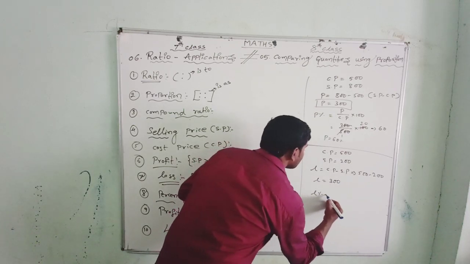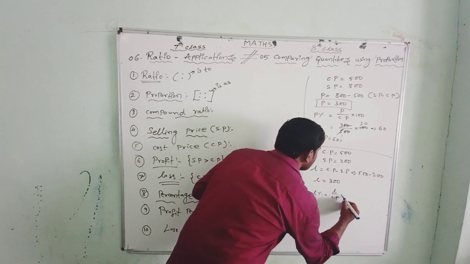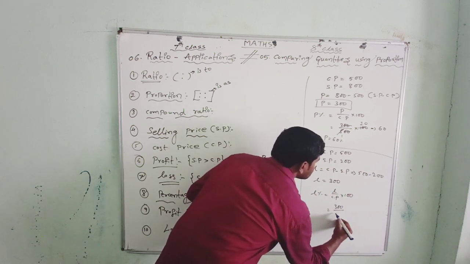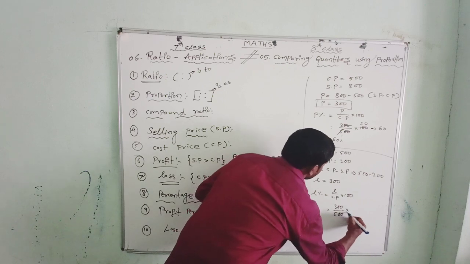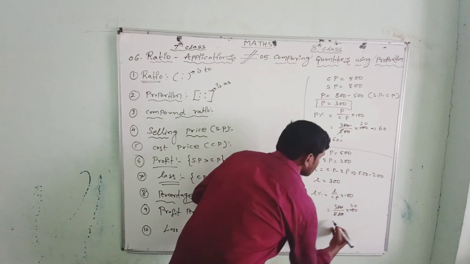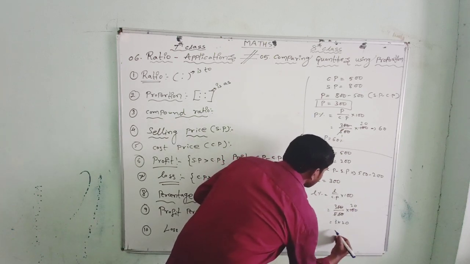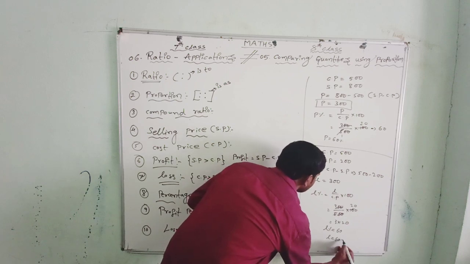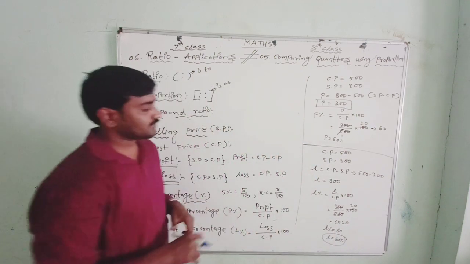Then loss percentage is equal to the formula loss by cost price into 100. Loss is 300 by cost price 500 into 100. Simple, you cancel again. 2 fives are 10, that means 3 into 20, that is equal to 60. Loss percentage is equal to 60, or loss equal to 60%.